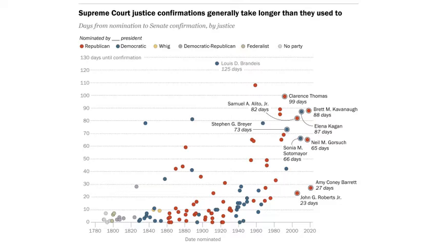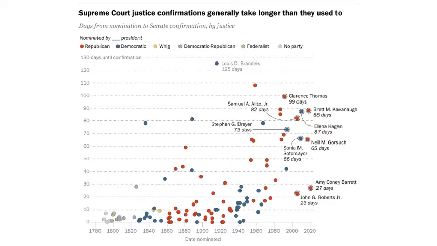Up until about 1860, you have one that looks like it took maybe 11 days. I was wrong. There was one in the early 1820s that took 30 days. There was an outlier, and one that took 80 days, so I was wrong. But rarely, the vast majority of them until the Civil War were nominated and confirmed within 10 days.